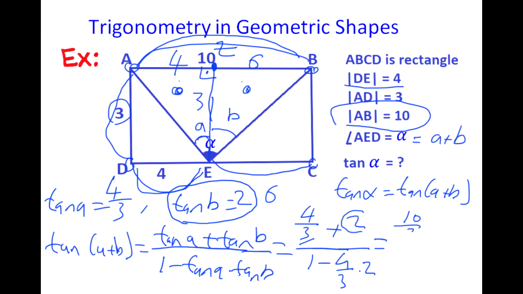10 divided by 3, divided by, I'll do the same thing here. Here we have, guys, 1 minus 8 divided by 3, right? 1 times 3 is 3. 3 minus 8 is going to be negative 5. So it's going to be negative 5 divided by 3. And now we are dividing two fractions. What we're going to do is we will write the first fraction as it is, which is 10 divided by 3.